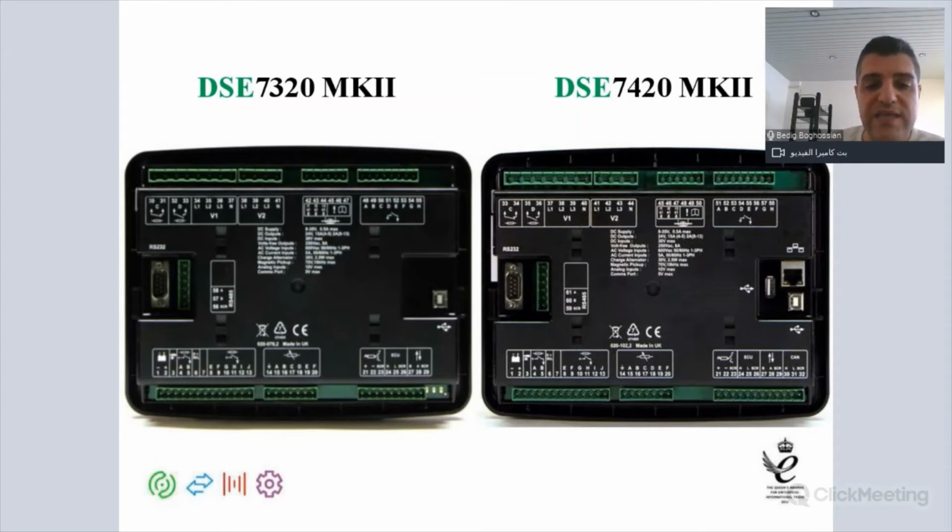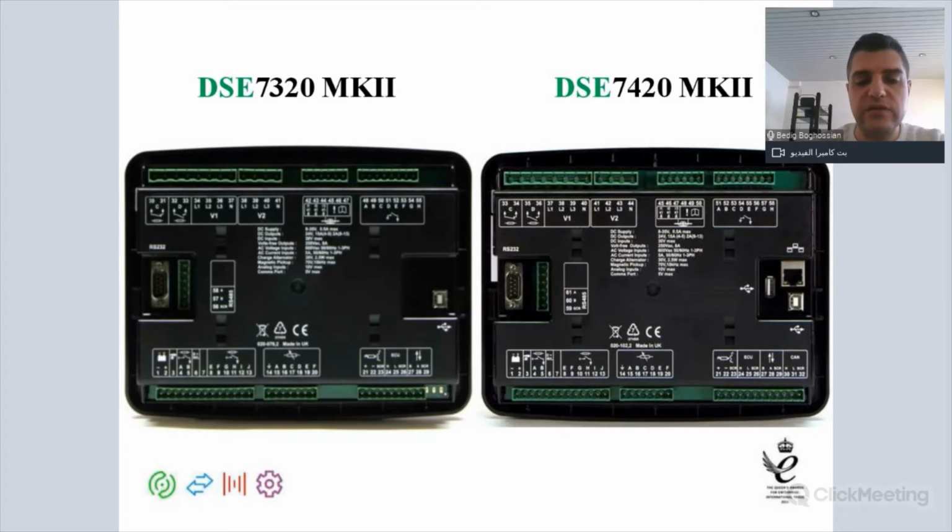Also, the 74 has an additional CAN port for a separate CAN link. So, for example, if you have your Perkins ECU, you need to connect the Perkins ECU to the DSE controller. You use the ECU port, which is a CAN port.